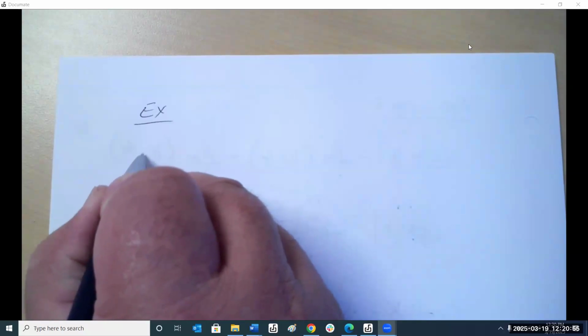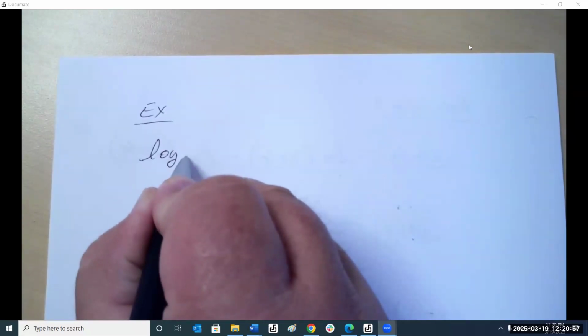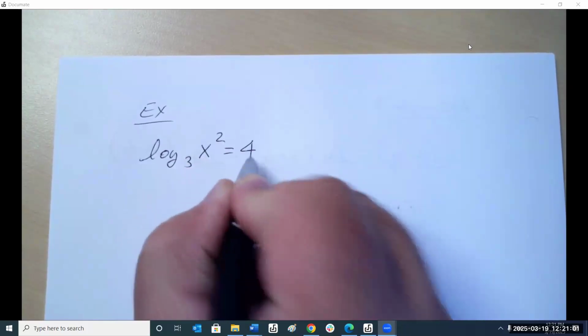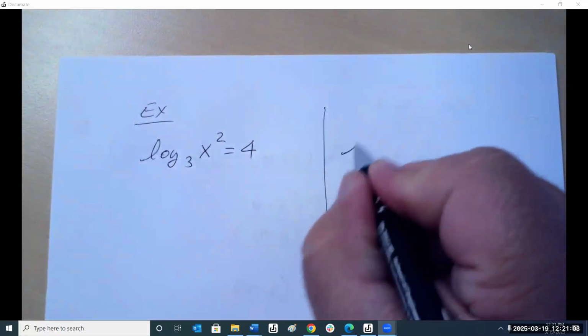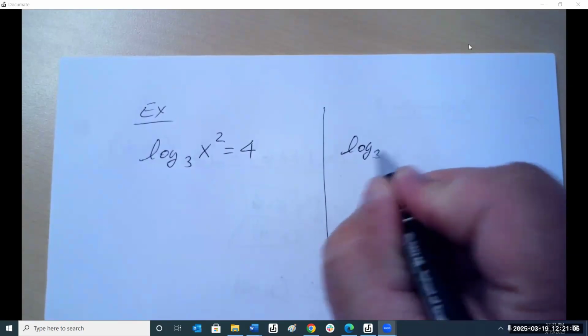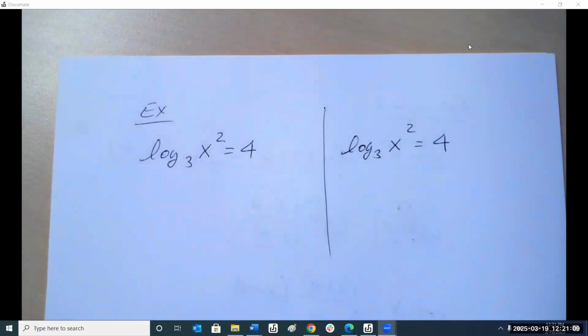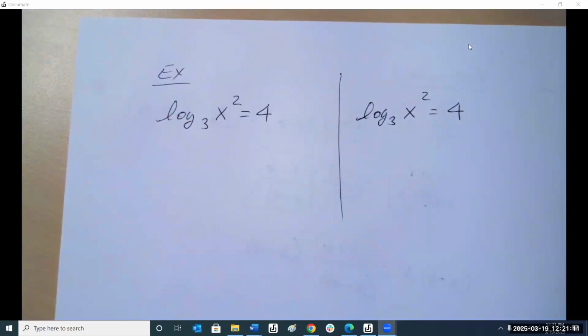Let's look at this next one. Let's look at doing this 2 ways, because one way is going to give us an answer that we have to think about.